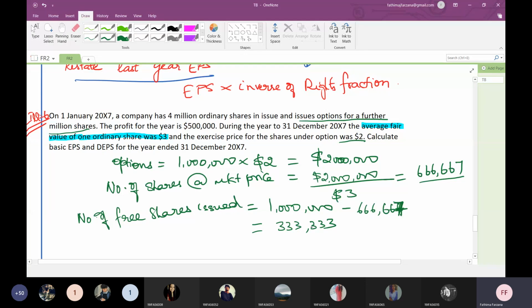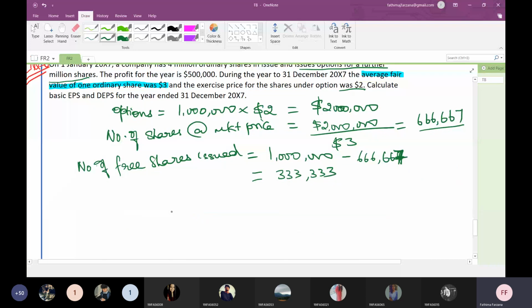Correct. This is the number of shares issued free. Actually, it's the same as the chocolate story I told you, right? Some number of chocolates were issued free. That's the same case here. So the person was issued 333,333 shares at free of cost.